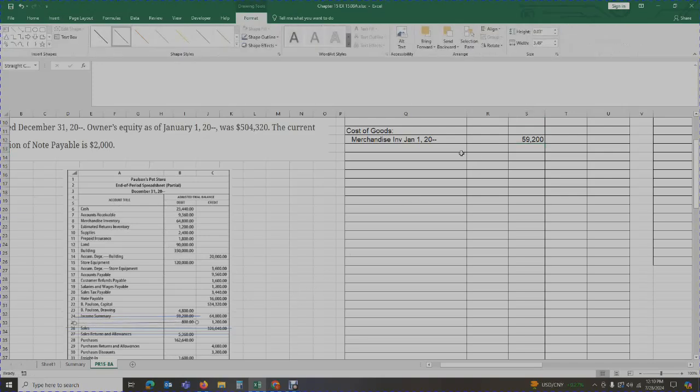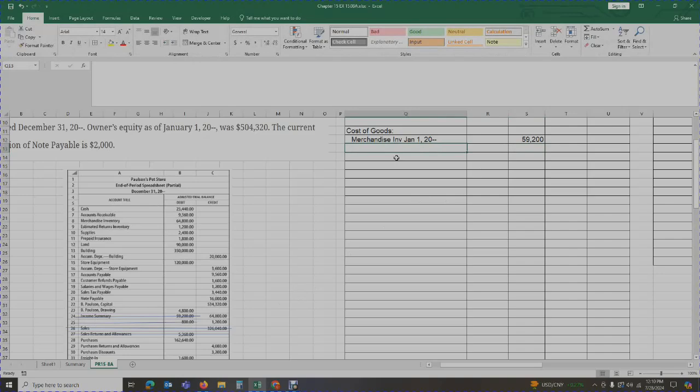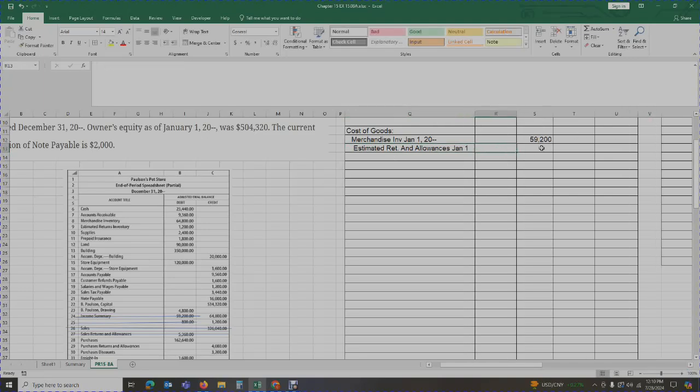Those are your estimated returns and allowances as of January the 1st, and we have $800.